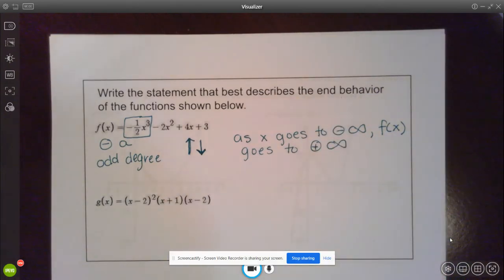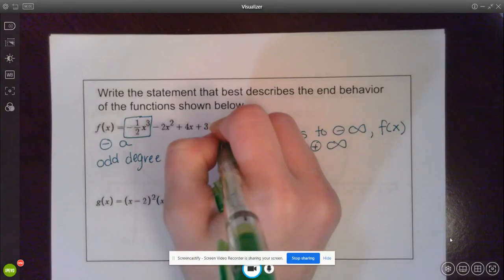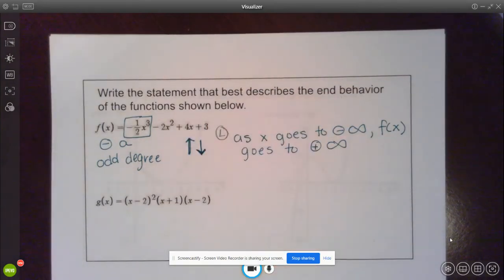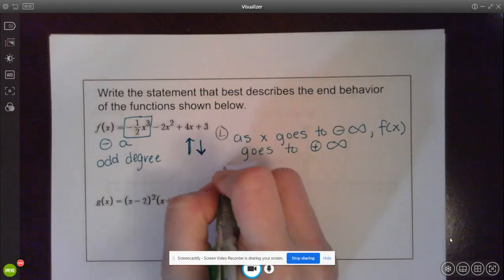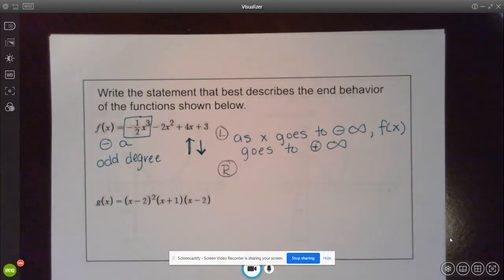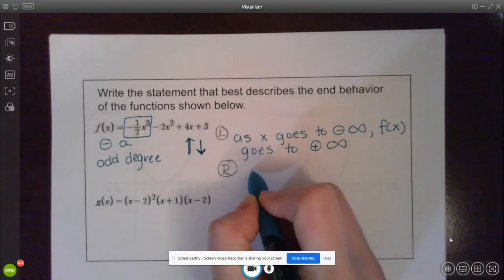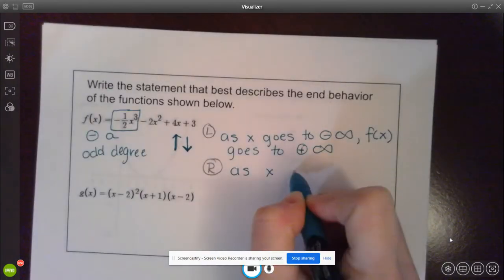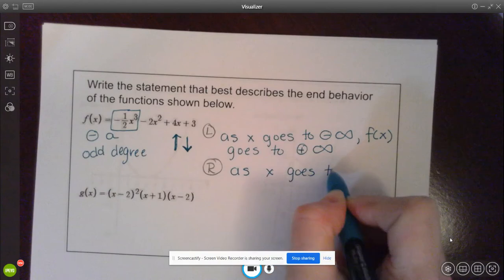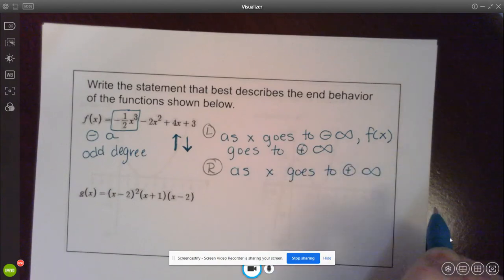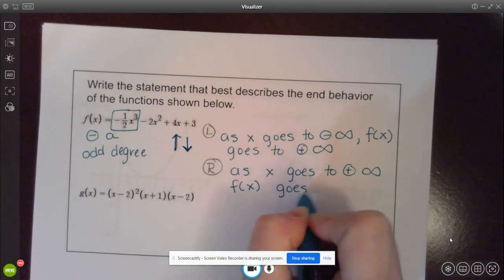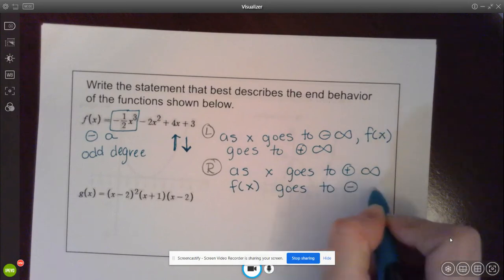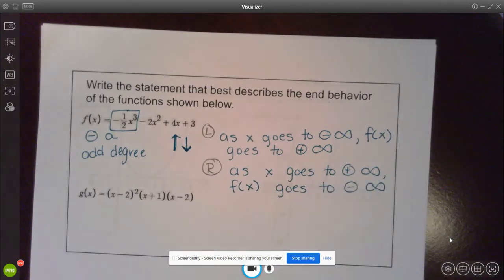So that is my left-hand side, and I'm just putting that L there so you remember that's the left. And then for the right, let me put an R so we don't forget. The right is where my x values are positive. So as x goes to positive infinity, f of x goes to negative infinity because it's going down.